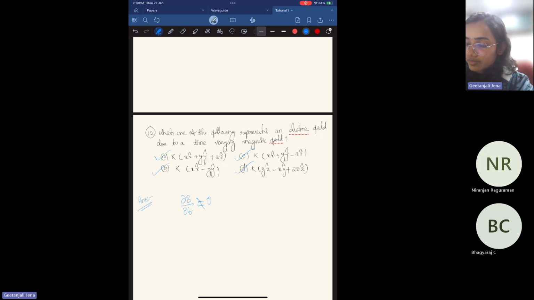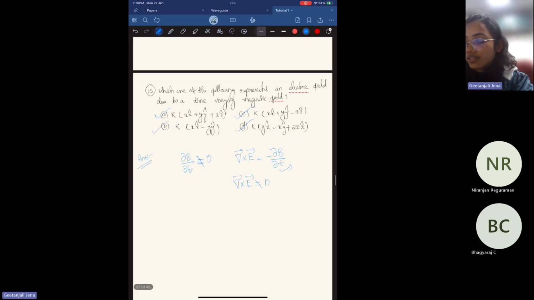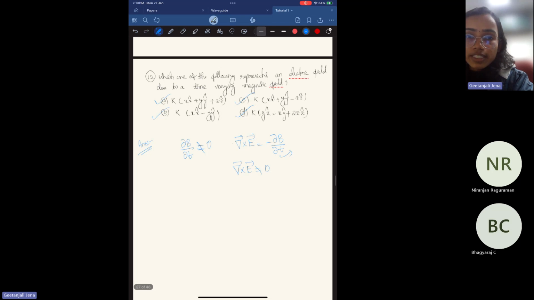From Maxwell's equation, curl of E is minus dou B by dou t. If this is non-zero, the curl should be non-zero. So the only work is to find out for which expression the curl of E is non-zero.